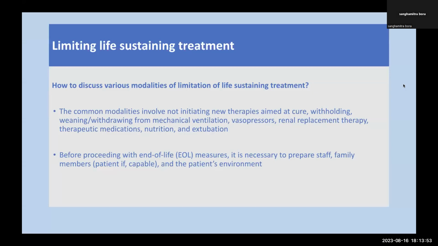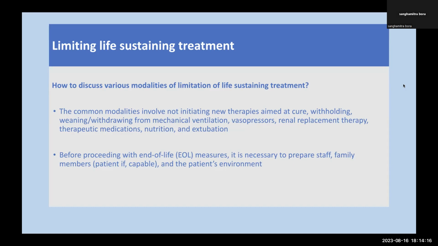Communicating with the family is extremely important. This might challenge you because the acceptance levels of families are low. Anybody could be low on acceptance. They may be in denial all the time.